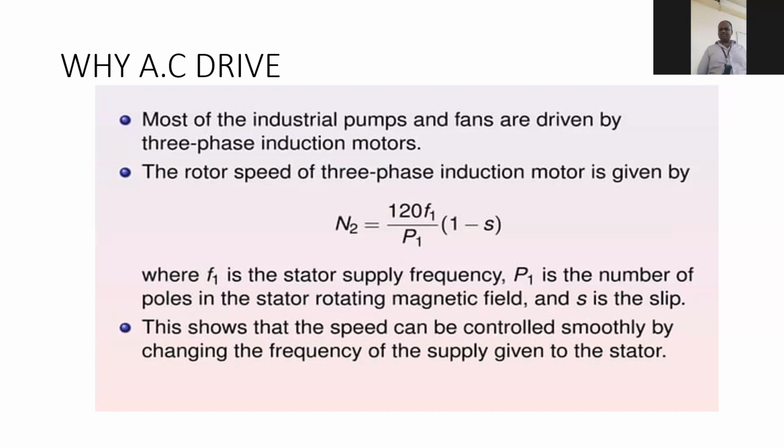And here, the speed can be controlled smoothly by changing the frequency of the supply given to the stator. So this is why we are in AC drive systems. Next slide, madam.